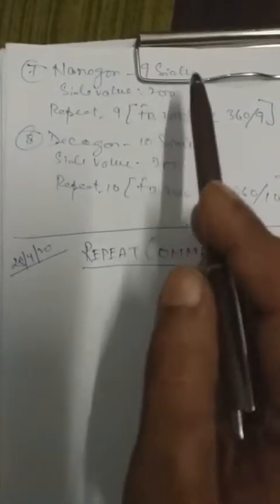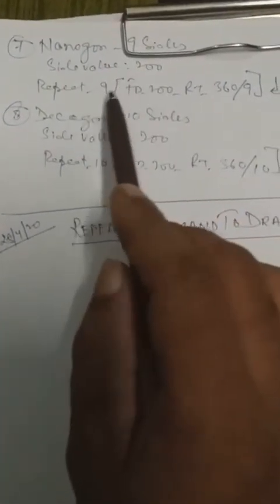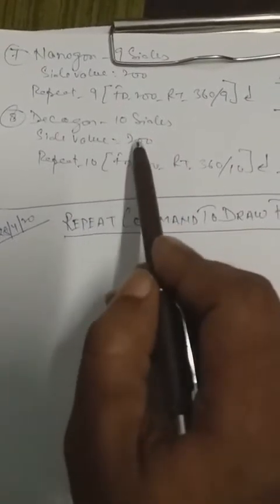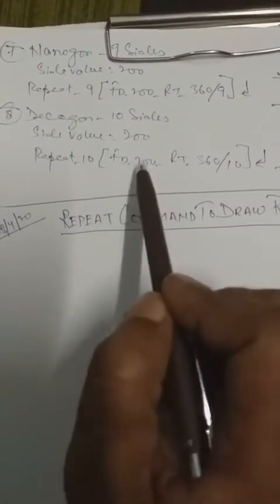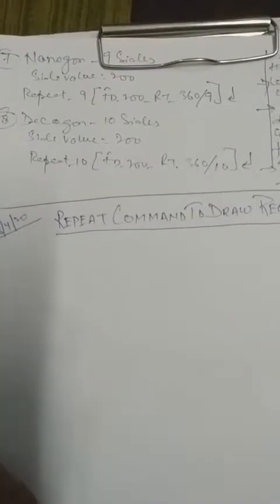After octagon, nonagon here. Nonagon, 9 sides, side value 200, repeat 9 FD 200 RT 360 by 9. And decagon, 10 sides, side value 200. So this command will be repeat 10 FD 200 RT 360 by 10. As many sides, that many turns. So that only we will write here.